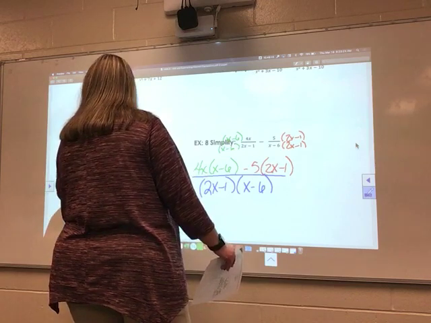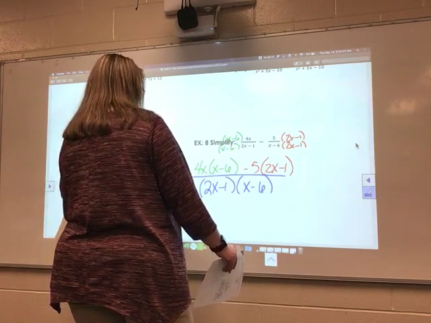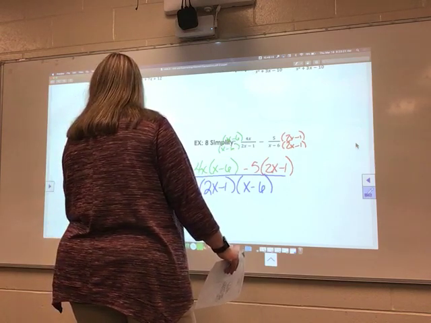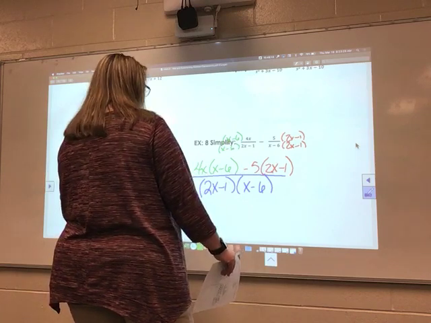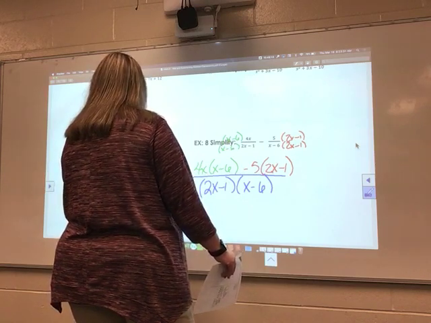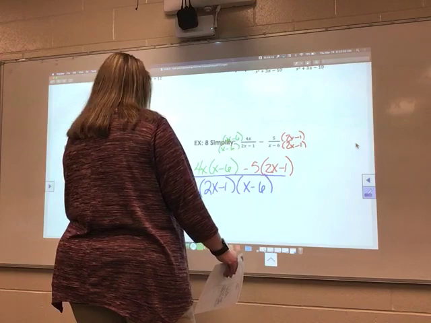Now I'm just going to multiply through the 4x, the green part there, and then have negative 10x. Now I'm doing the red, plus 5.